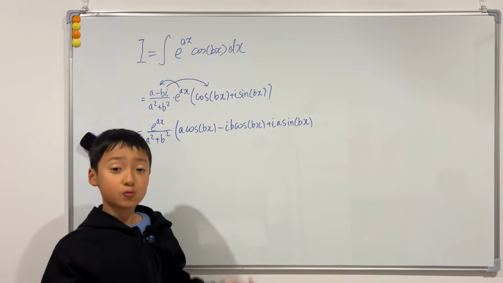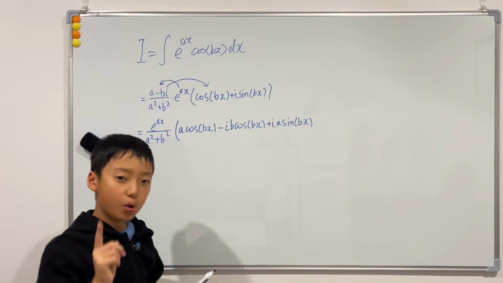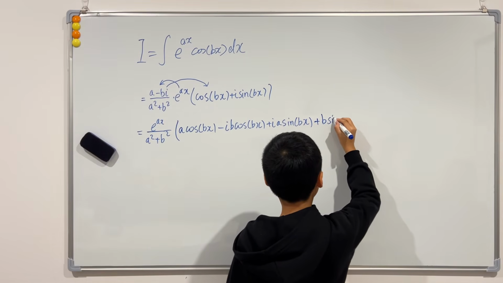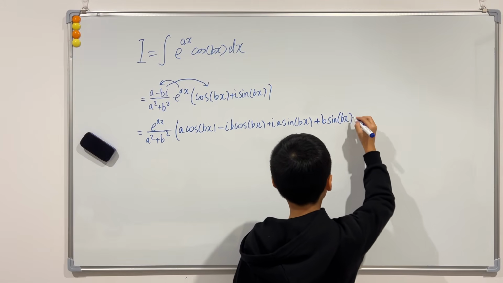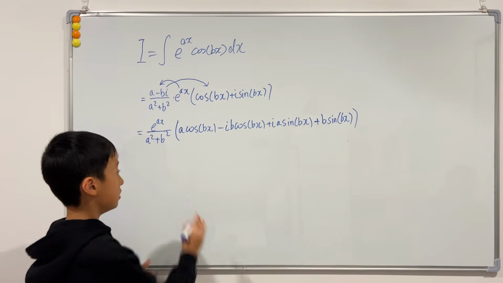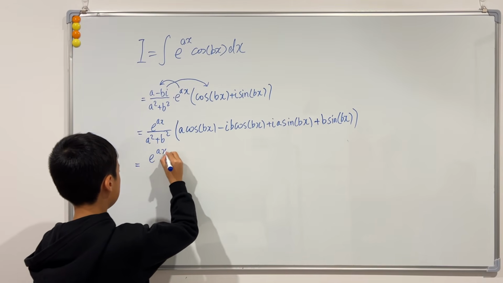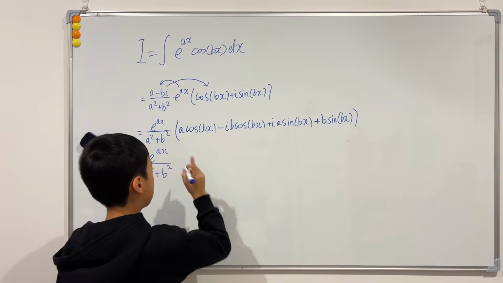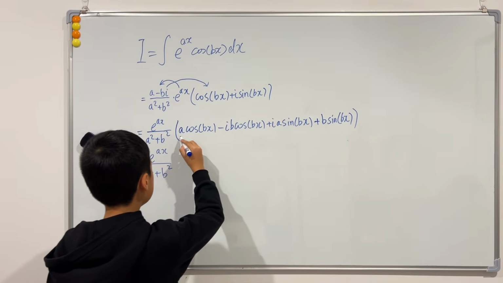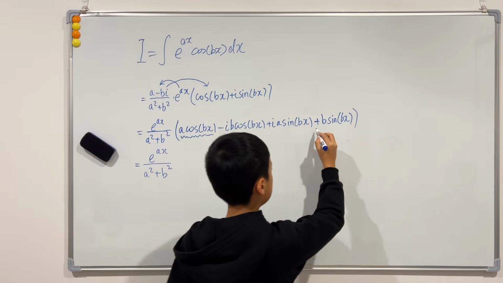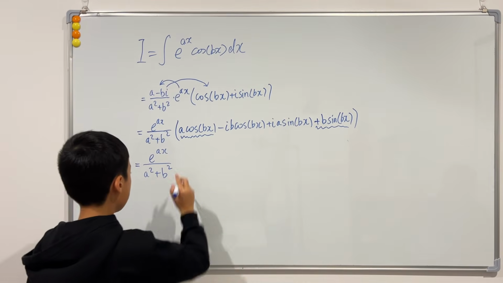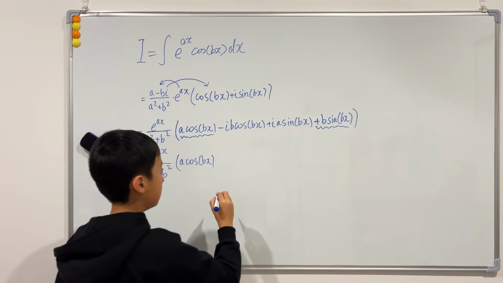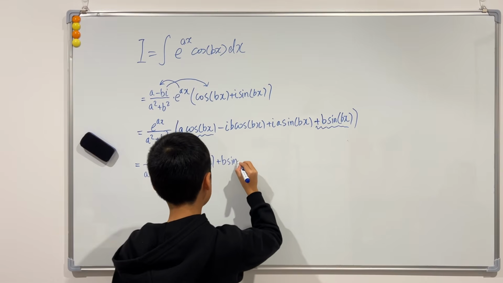So it will be minus i squared, which is minus negative 1, which is positive. So we have to do plus b sine of bx. So this is equal to e to the ax over a squared plus b squared times, okay, so we see that this and this is the real part. So we can multiply this by a cosine of bx plus b sine of bx.